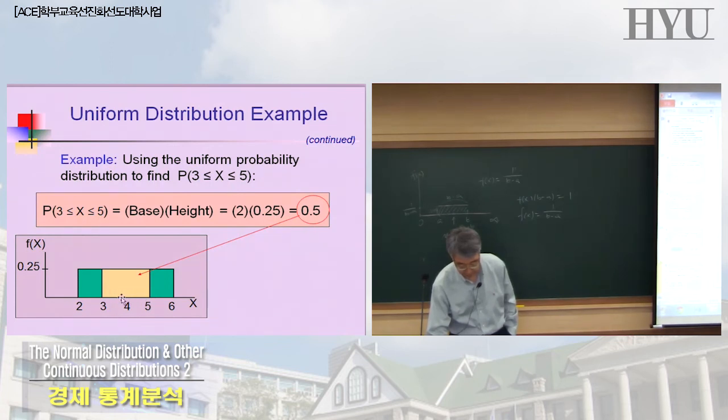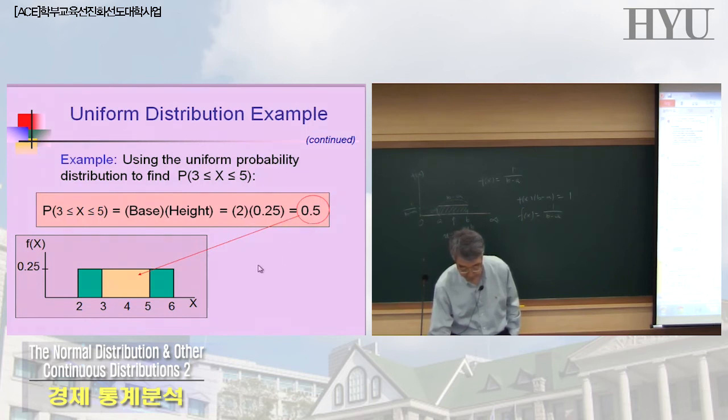Of course, the size of the entire area is 1. So you know how to calculate it. That's the height times the base. The base is 2, which is 5 minus 3, B minus A according to the formula. So 2 times 0.25 is 0.5.